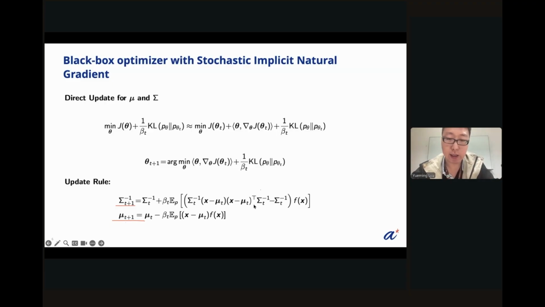In this update, we only involve the expectation of f(x). There's no gradient nabla f(x). So when we use Monte Carlo sampling to approximate this expectation, we can take the update.